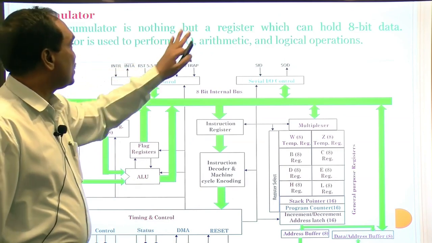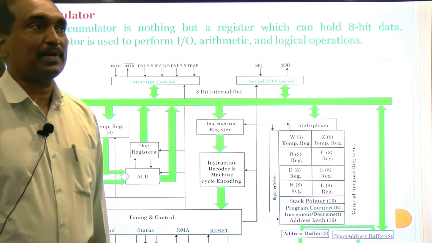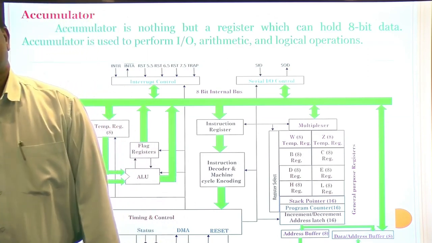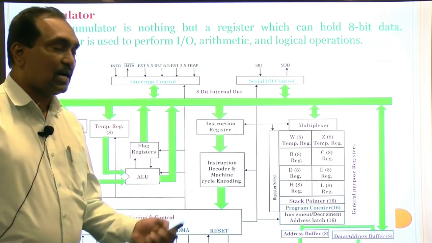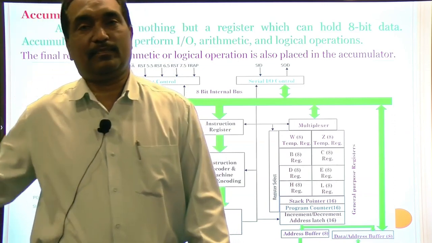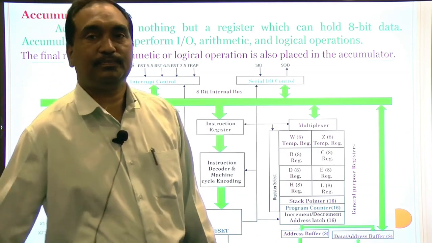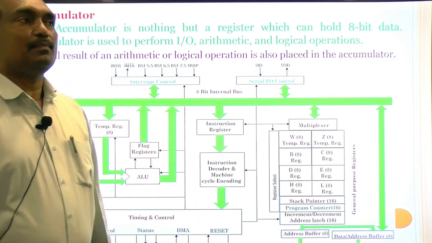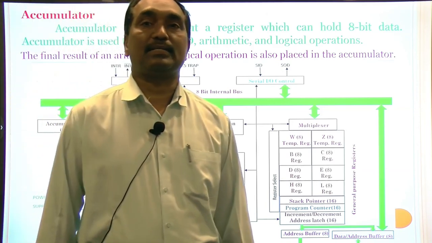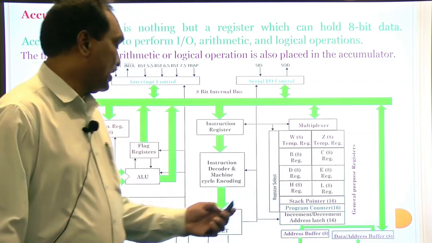It performs input output operations, arithmetic operations, and logical operations. After completion of these operations, the result is stored in the accumulator only, because we know a register works as a memory. So after completion of these executions, maybe arithmetic operations or logical operations, the result may be stored in the accumulator.